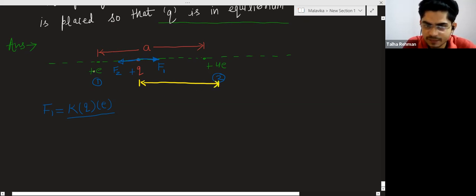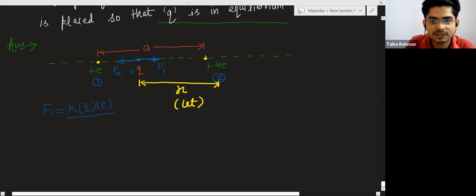You can take the distance from here also, there is no problem. We have to find this distance.